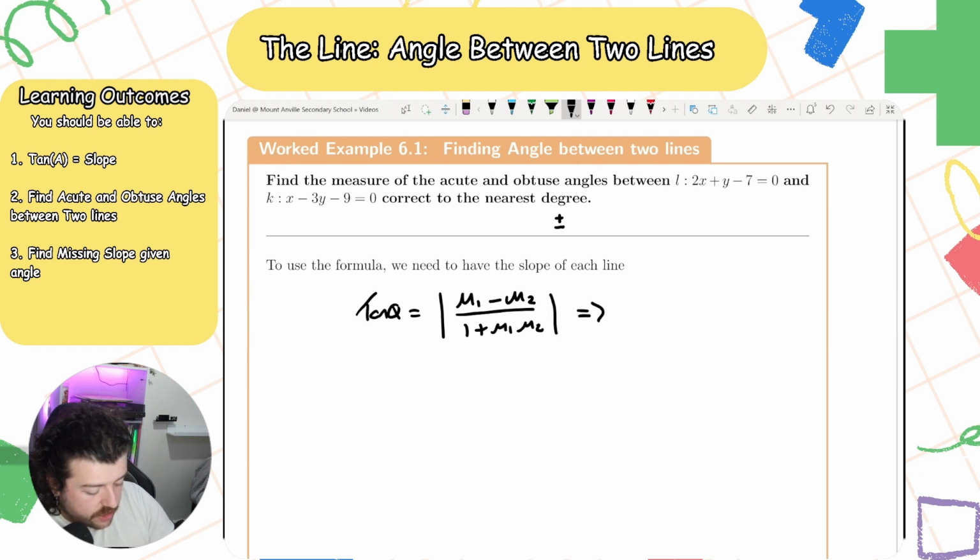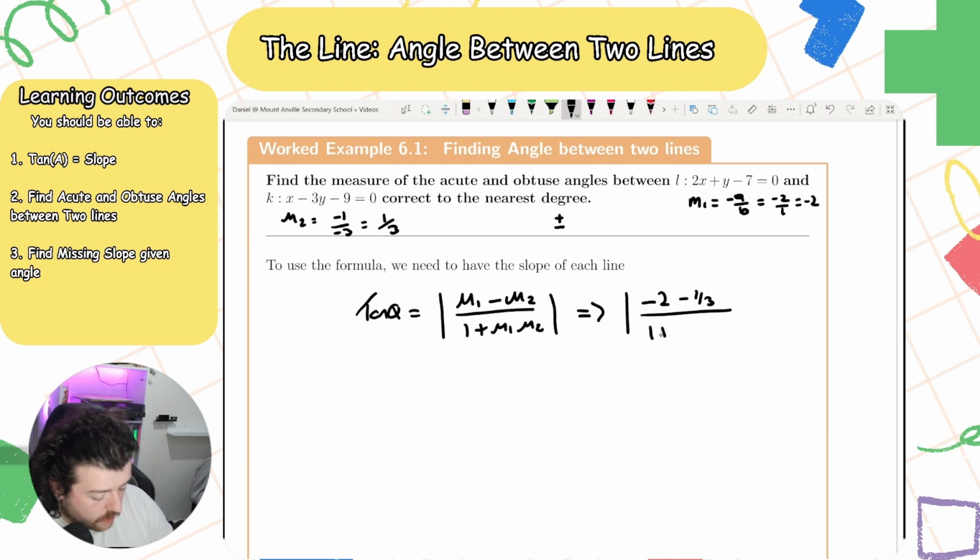So what are my two slopes? This slope here, minus a over b, is going to be minus 2 over 1, which is minus 2. And this slope here is going to be minus 1 over minus 3, which is 1/3. Let me sub this in here: I'm going to have minus 2 minus 1/3 all over 1 plus minus 2 times 1/3.